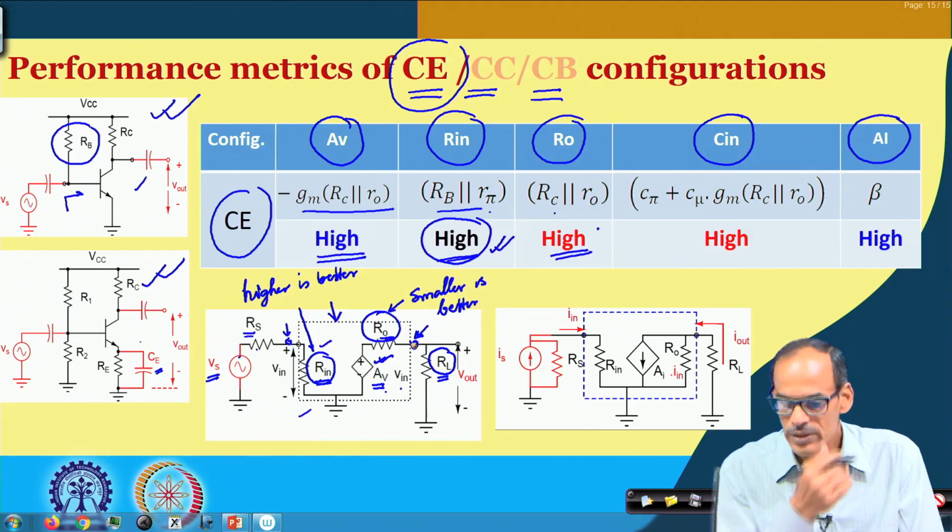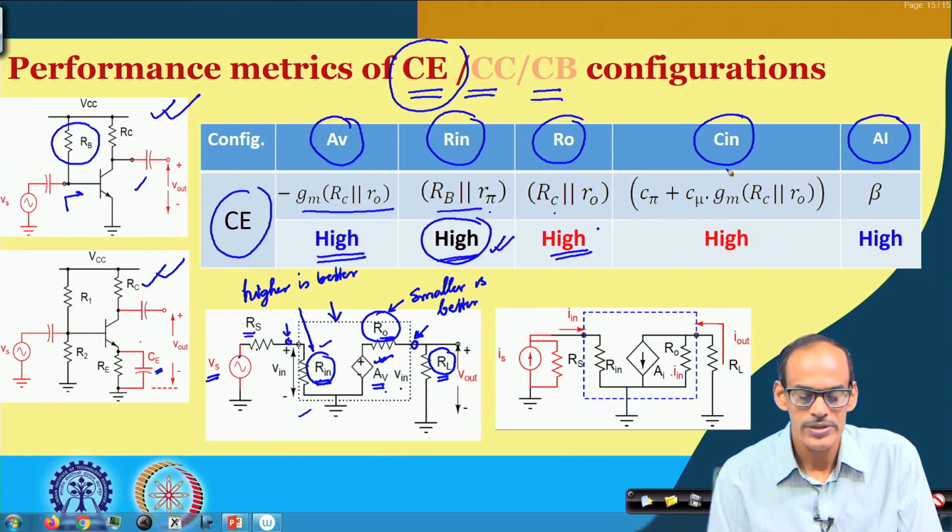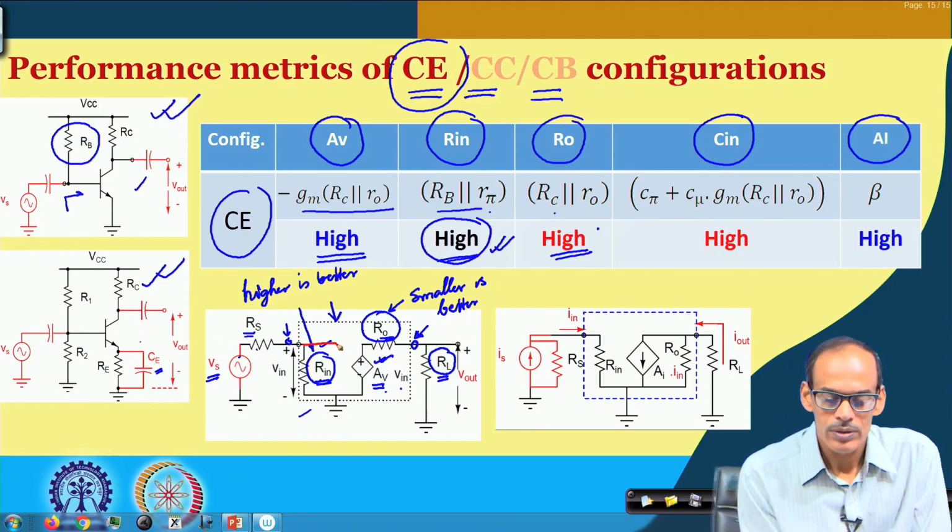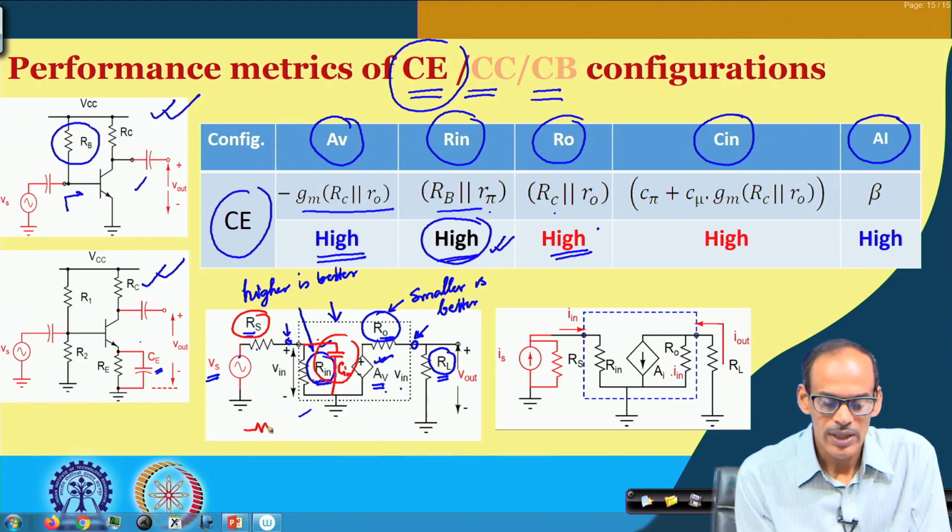On the other hand, if you see the input capacitance, though it is not shown here, if you recall, along with the mid frequency performance, we may have to consider input capacitance, because this input capacitance, along with R s, or maybe a combination of R s and R in, will form one RC circuit.